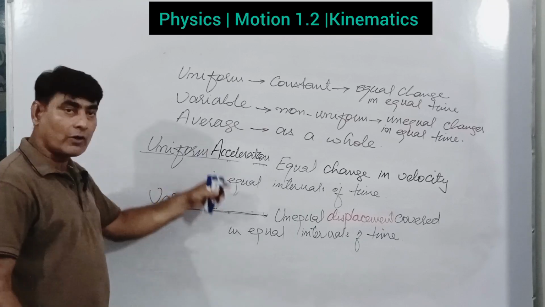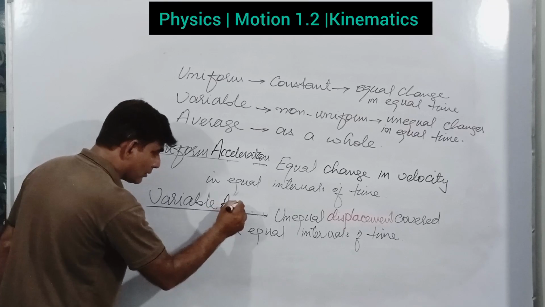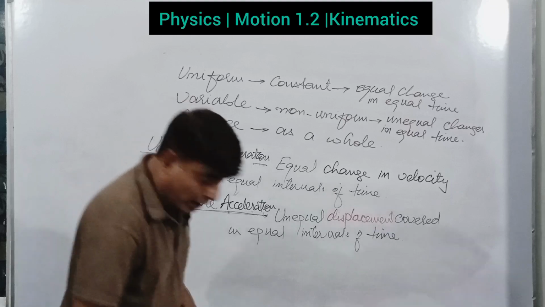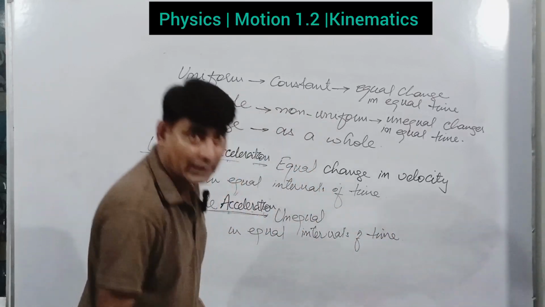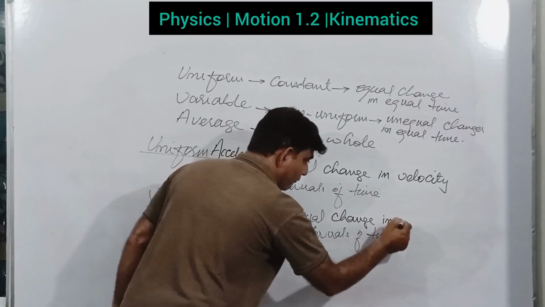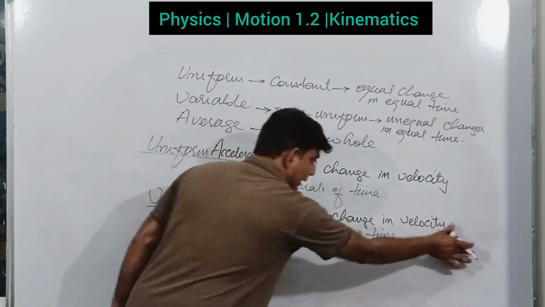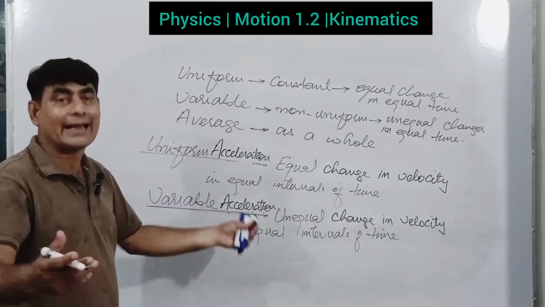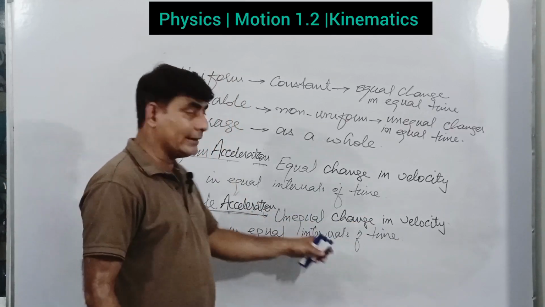This is uniform acceleration. Variable acceleration: unequal change in velocity in equal interval of time.